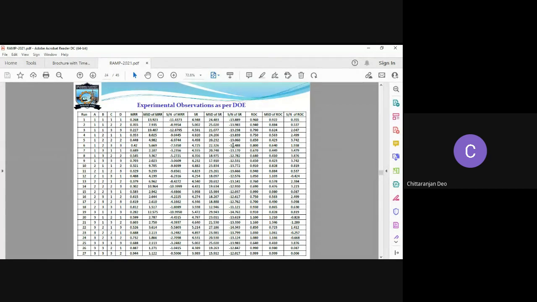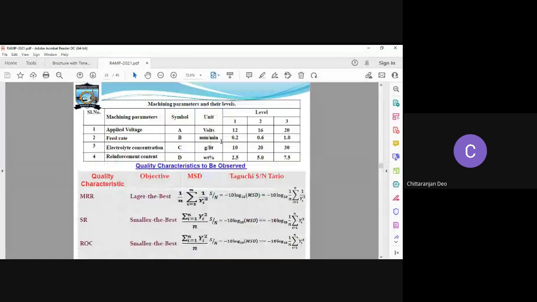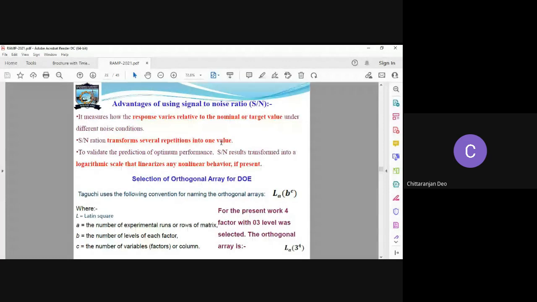Then we convert the data, we calculate the Taguchi SN ratio, because the advantage in choosing this SN ratio is to measure the response variable relative to the nominal or the target value. SN ratio transforms several repetitions into one value.